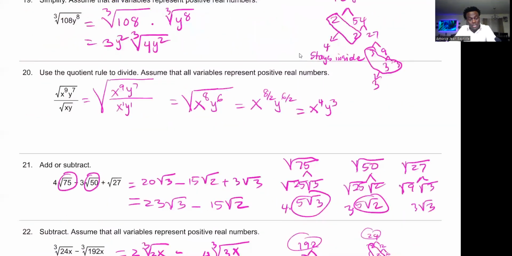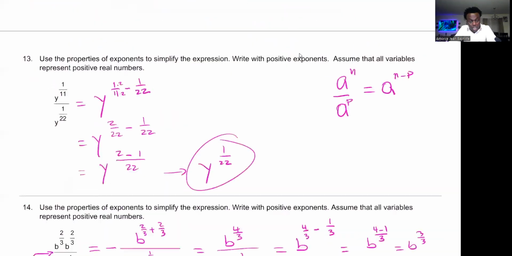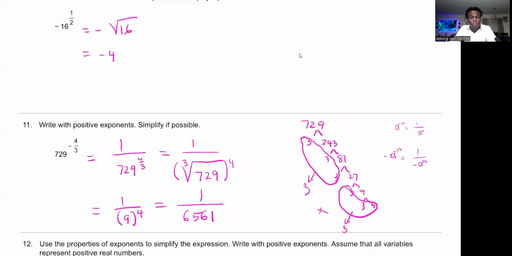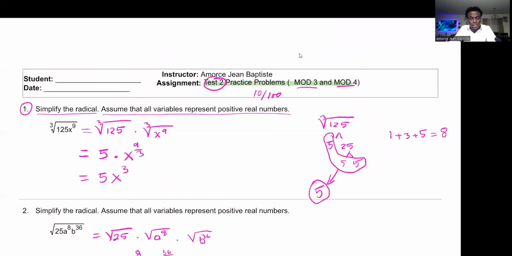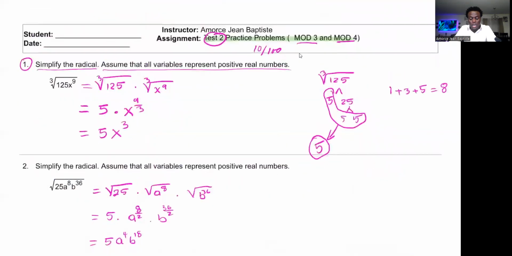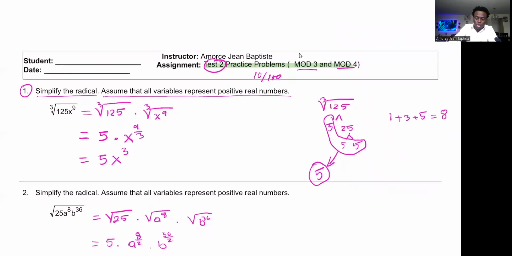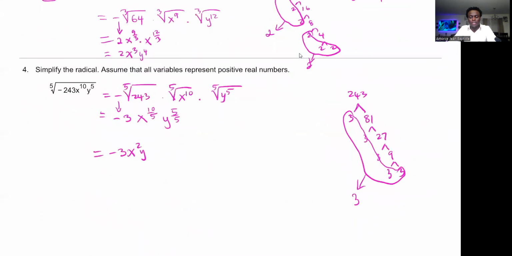Watch it again. Rewatch it. Make sure you master every single thing on this. And then go back, do your test 2 practice problem for the 10%. And then I don't see why you would not pass this test.